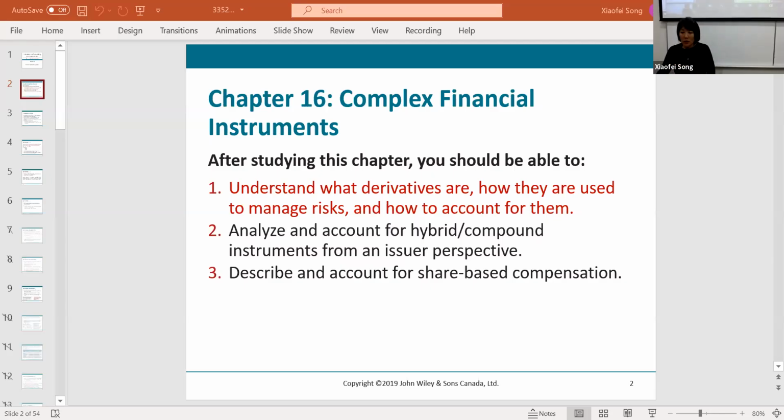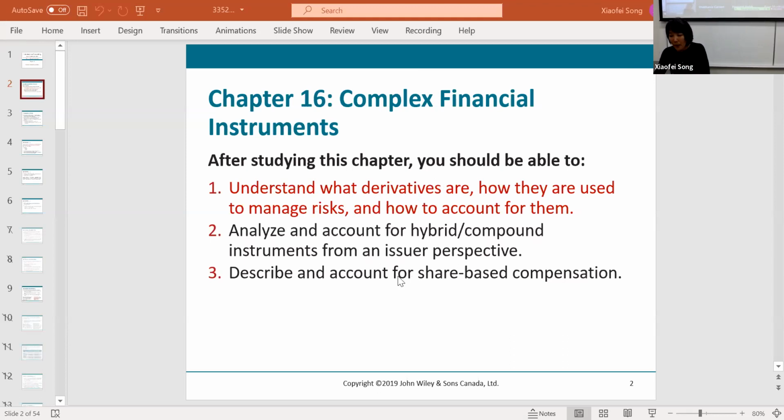Okay, so in this chapter we cover derivatives, and when derivatives are used to manage risk, that's called hedging. That's the first topic. Today we finish most of the derivatives, but we will get into hedging next time. The second one will be hybrid compound instruments that have both debt and equity components.